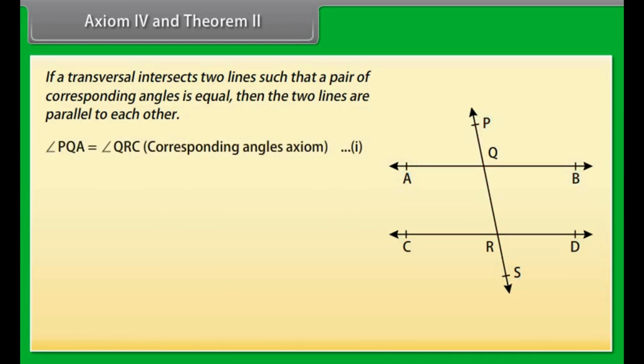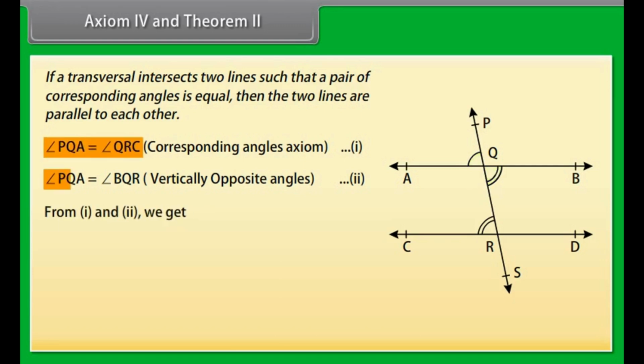We know that angle PQA is equal to angle QRC by using corresponding angles axiom. Mark it as 1. Also, angle PQA is equal to angle BQR because these are vertically opposite angles. Mark it as 2. So from 1 and 2 we may conclude that angle BQR is equal to angle QRC.